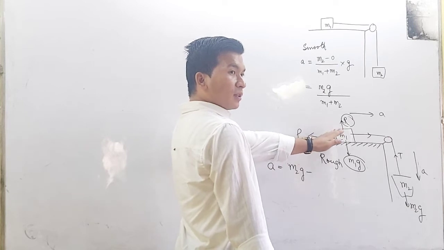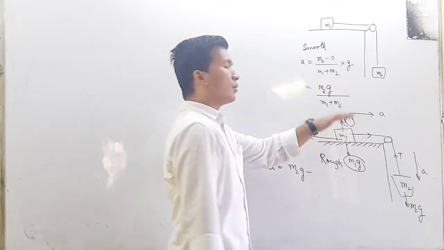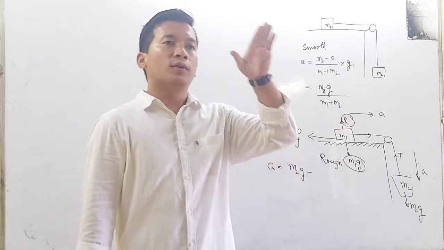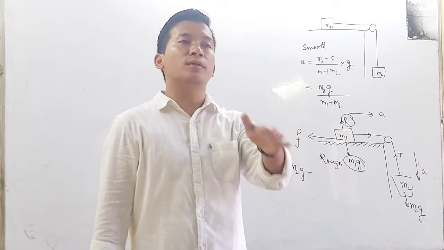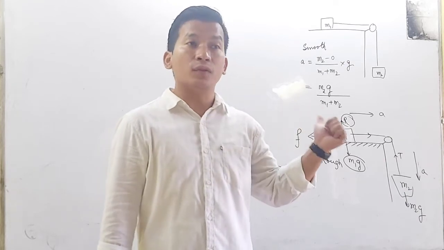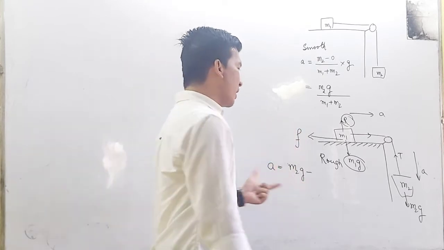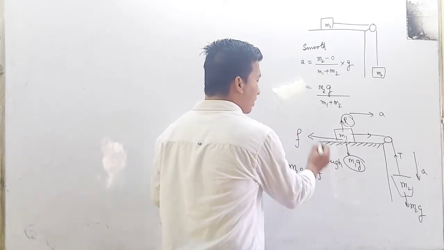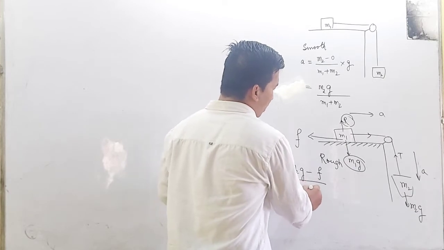The horizontal mass is kept on the horizontal rough surface, so it will generate a frictional force, and this frictional force will try to oppose the motion. That is why we must subtract it, divided by total mass, that is m1 plus m2.